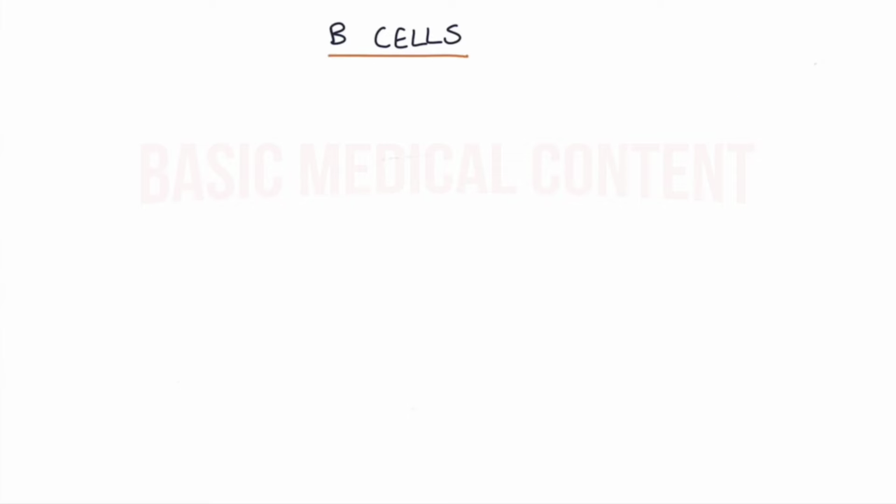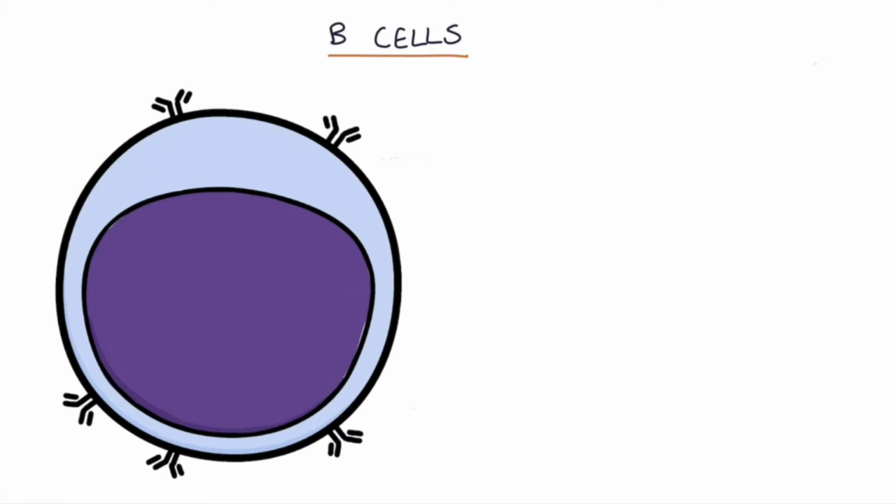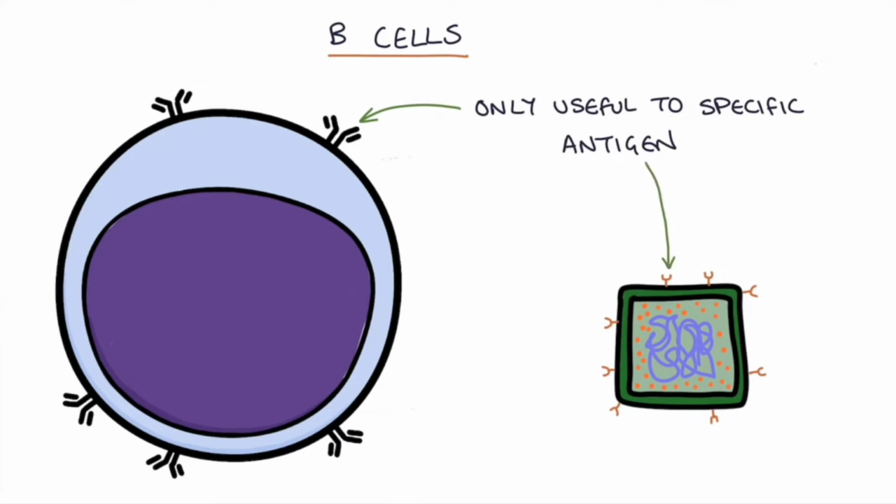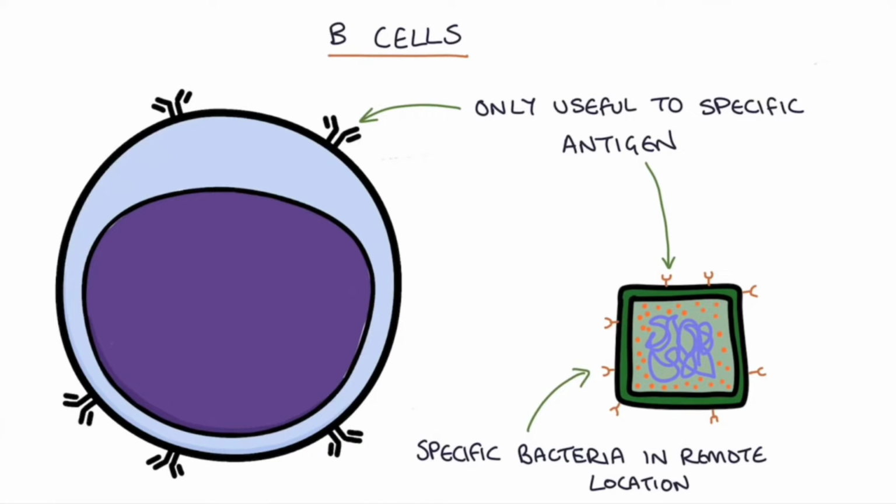So for example, if you choose one B cell at random from within a lymph node, it may have antibodies that are only useful to a very specific antigen that's found on a specific bacteria that only exists in some remote part of the world. Or it may have an antigen that's completely useless altogether. That specific B cell will never encounter that antigen, so it's never going to be able to contribute to the immune response.